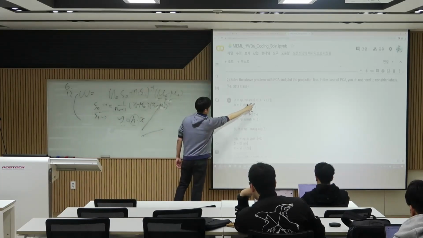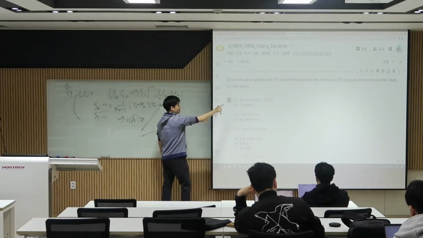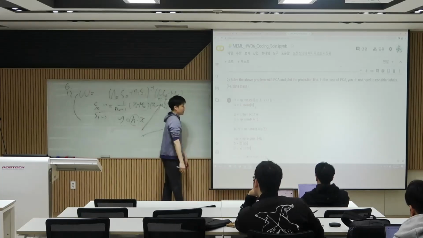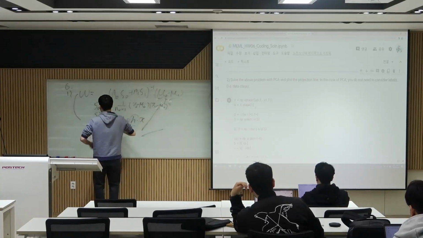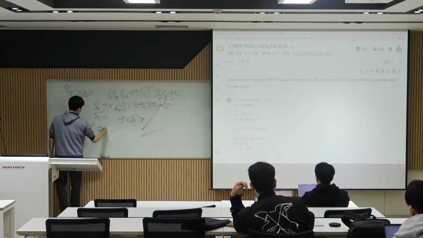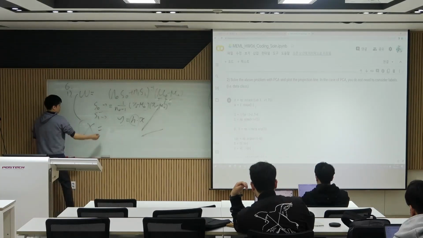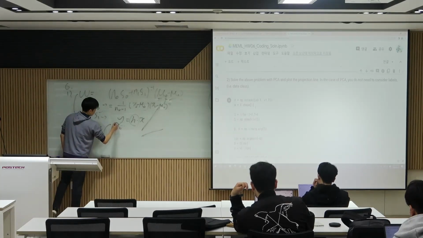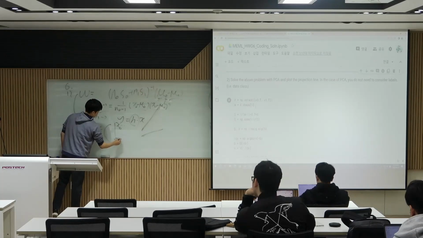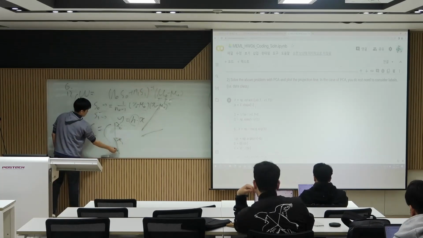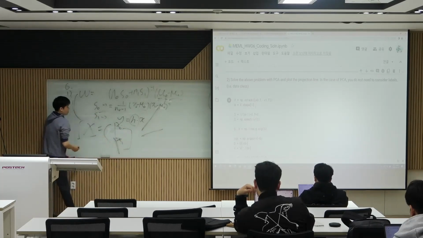merge these two classes into one by using the V-stack, vertical stack. So using the vertical stack, we created new data X, which is basically the X0s over here and X1s over here. Okay.